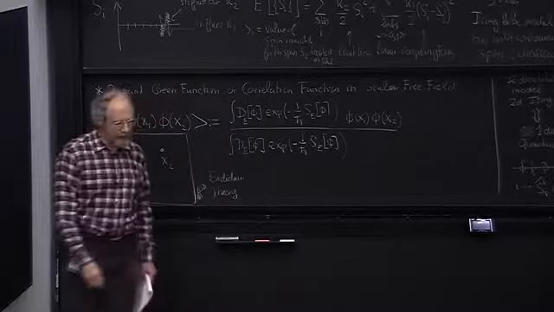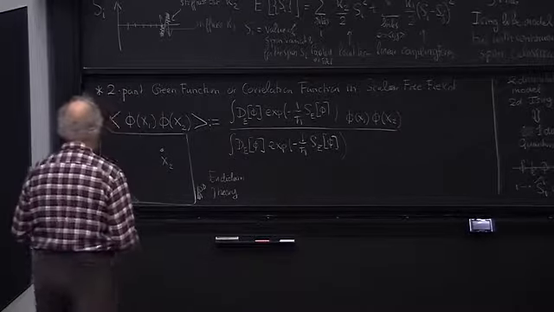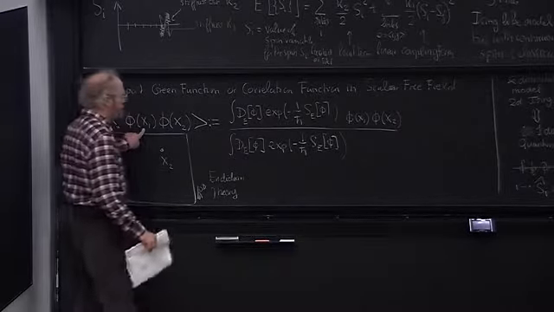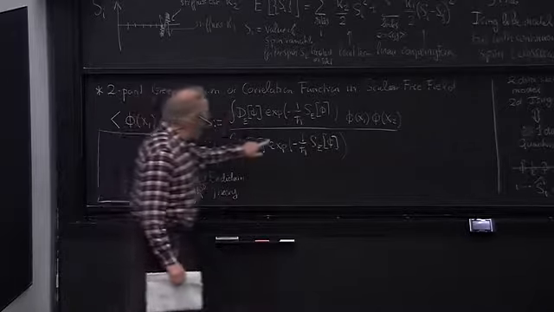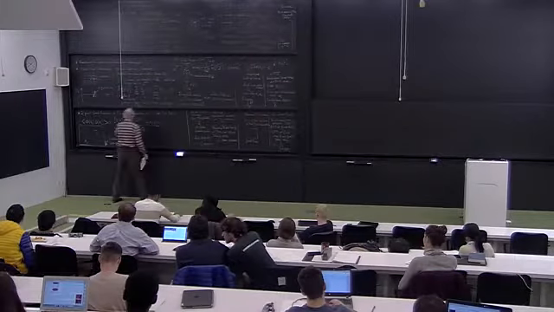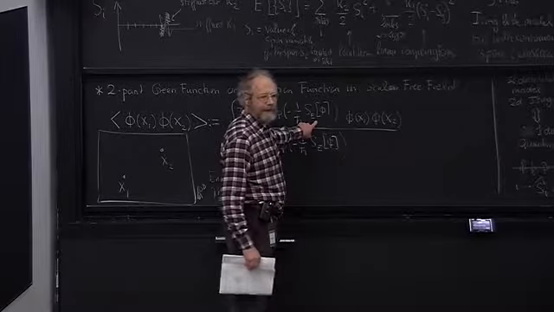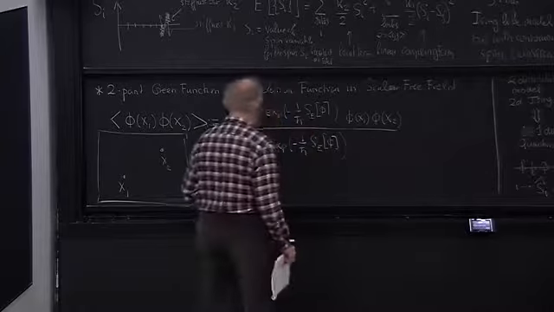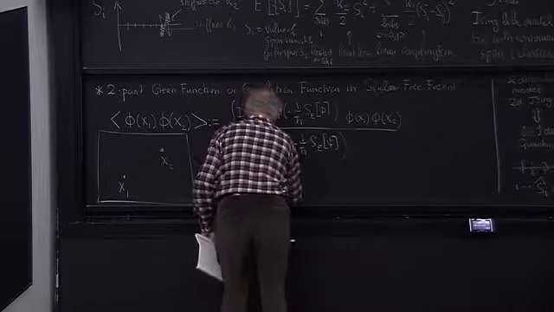Okay, so we want to compute this object and to study its properties. Well, for the scalar free field, that's very easy to study because, as we have seen, this is a Gaussian integral.